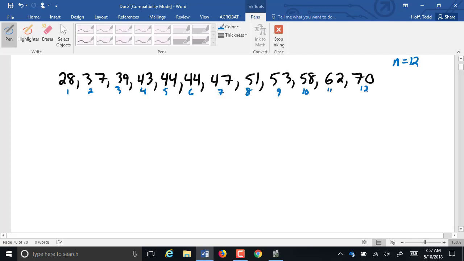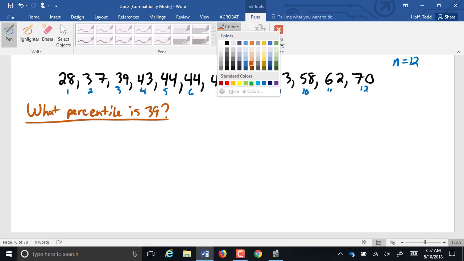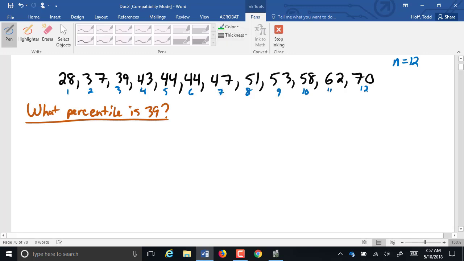If I ask you what percentile is the 39? To find that percentile, there's a formula.